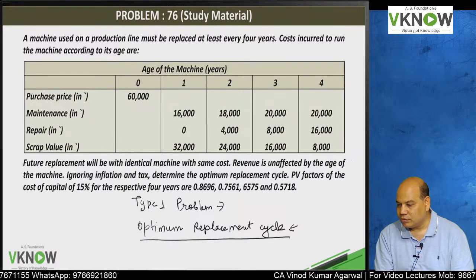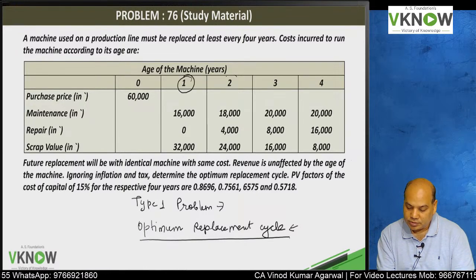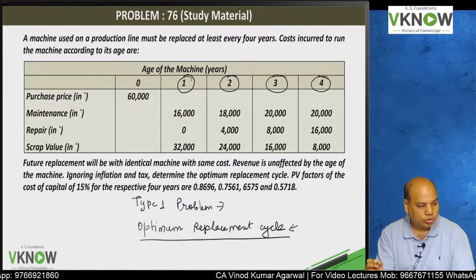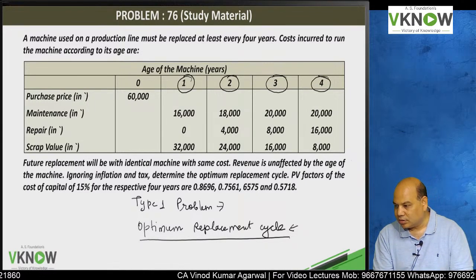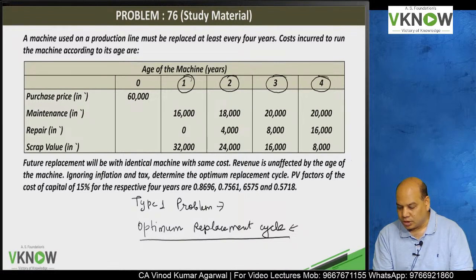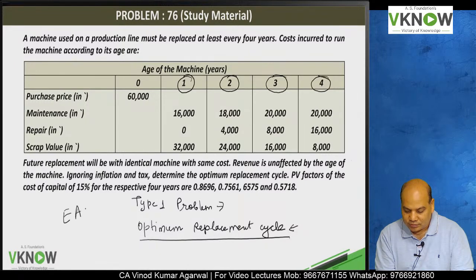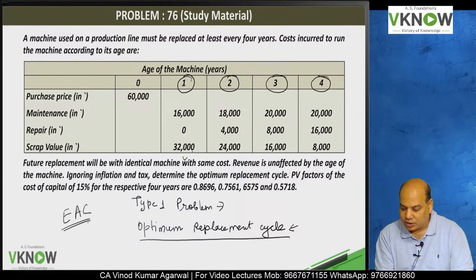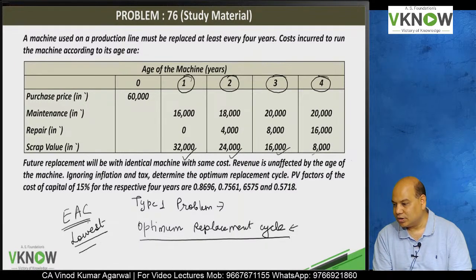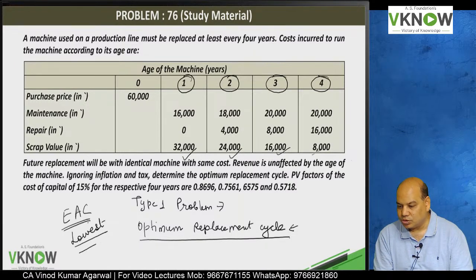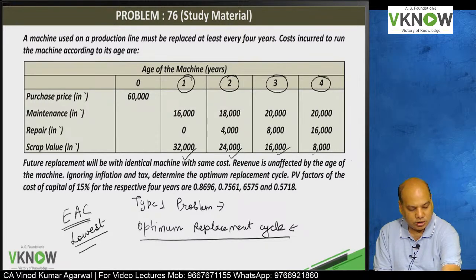So in this question we have 4 alternatives. You can replace it in year 1 or 2 or 3 or 4. Is it right? So basically I need to solve it 4 times. I will compute EAC if we replace in year 1, 2, 3 or 4, and the decision will be based on the lowest EAC.